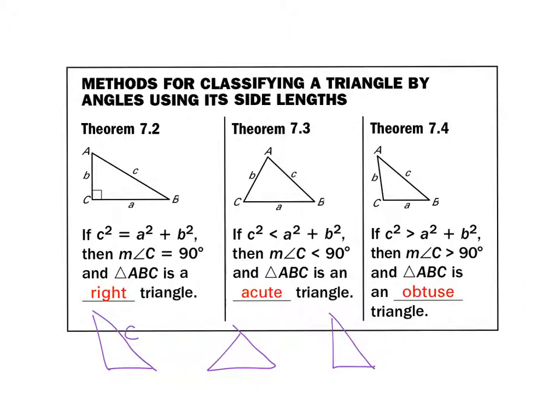If I say this is C, and this is A and B, with C being the longest side, the longest side is always less than the sum of the two shorter sides.